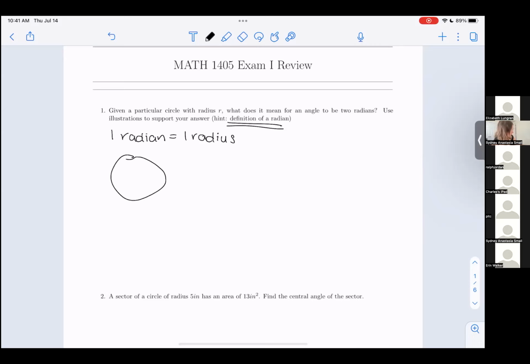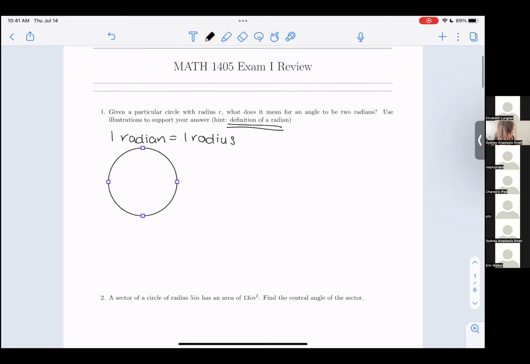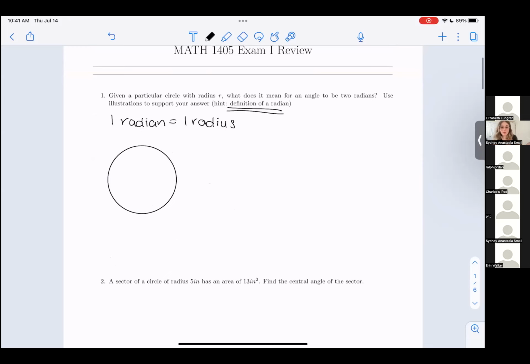So before we give our explanation, let's draw a little circle. Just like that. I didn't give you a number for the radius, but the radius is r, so we can just draw what we know the radius would look like and label it with an r. r could be 5, pi, 20, 72 million, we don't know, but we're just going to refer to it as r just to be general because that's what the problem wants.